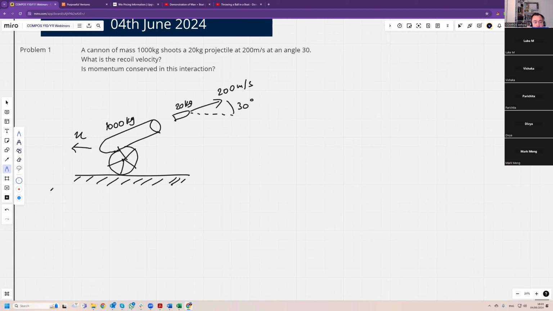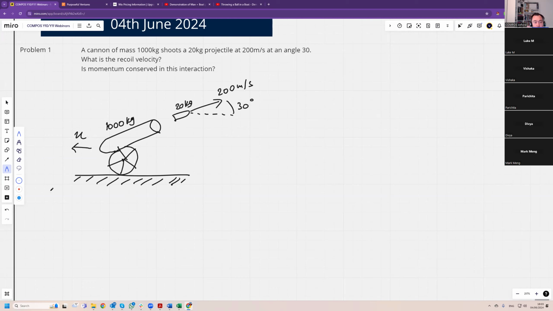Does that make sense? Do you understand what I'm talking about? All right, so what we can do is break down the velocity into horizontal and vertical. The horizontal velocity is 200 cos 30, and this is 200 sin 30. Before, the total momentum is 0, of course, because both are stationary.